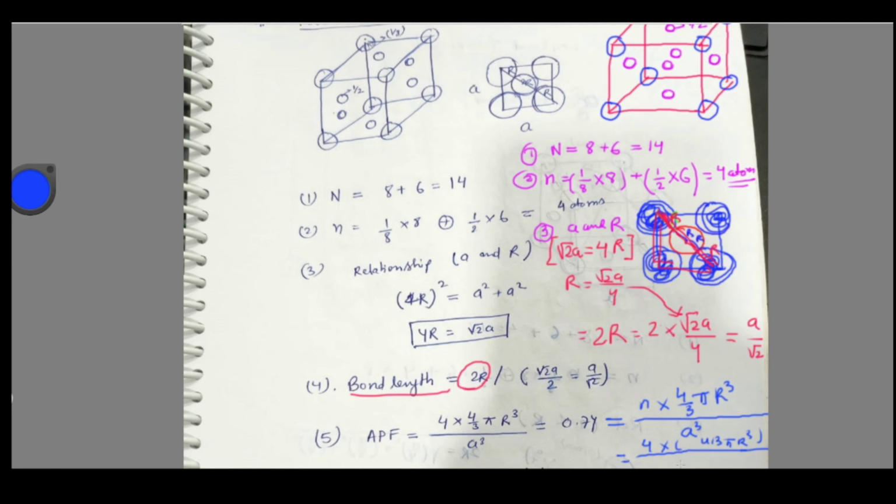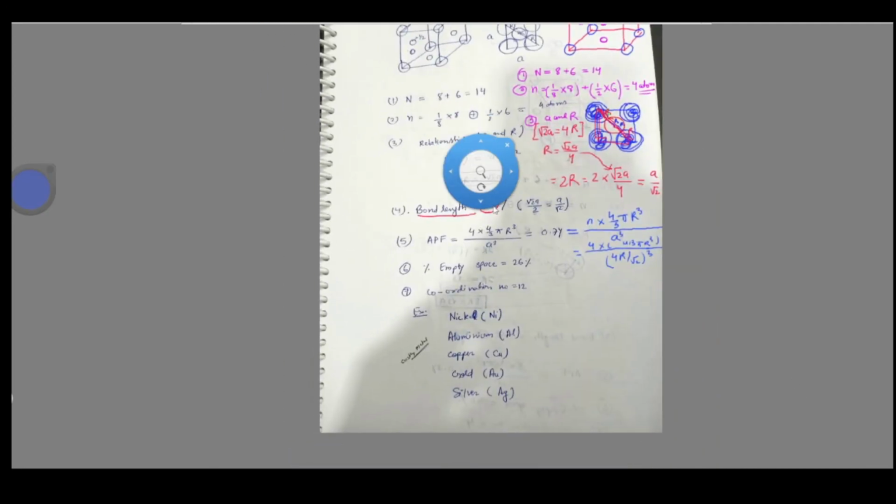So a will be 4r by root 2, cubed. After solving this, we will get 0.74.